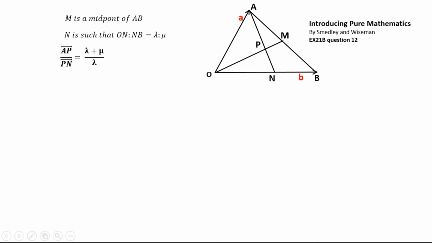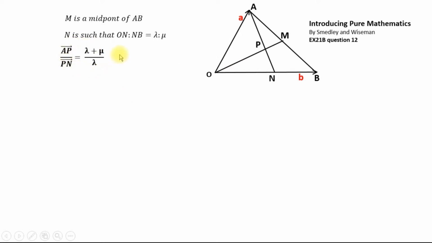We're basically told that in the triangle OAB, M is the midpoint of AB and N is on OB such that the ratio of ON to NB is equal to lambda to mu. And they have asked us, it's in two parts.